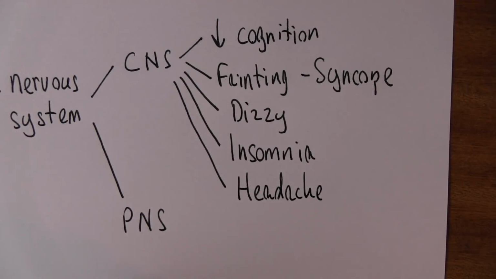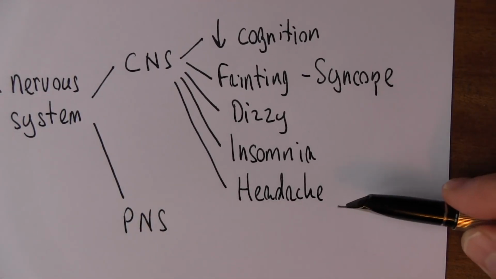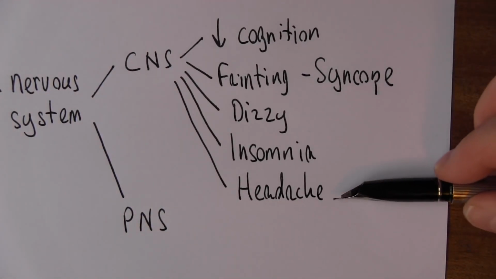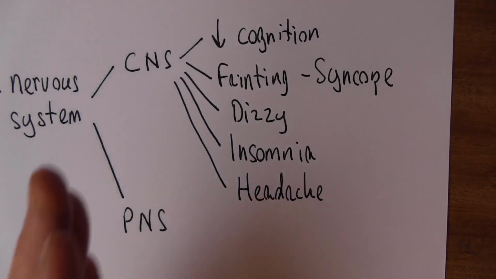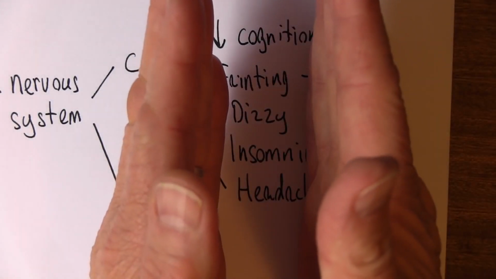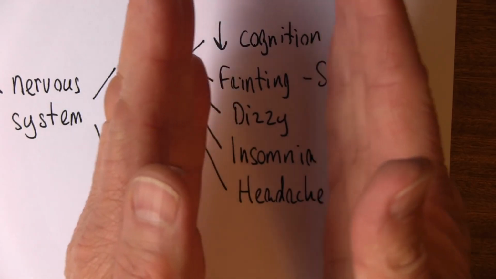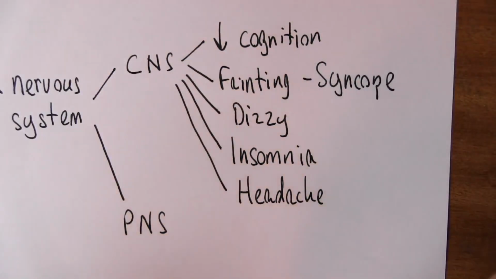Now, what actually happens is, if there's not enough blood getting to the brain, if there's a relative cerebral hypoxia, in order to try and compensate for that, the blood vessels to the brain and the blood vessels in the cranial cavity will dilate to let more blood through.